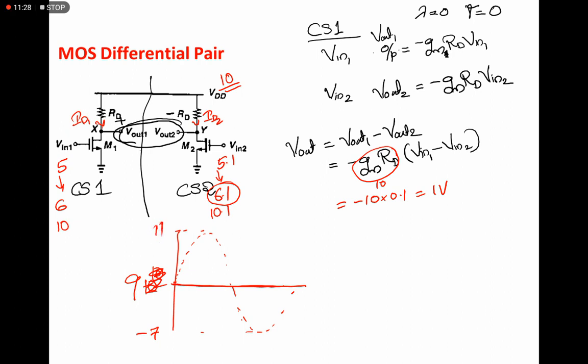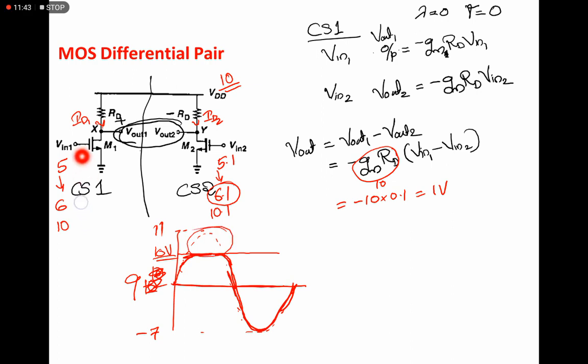Then due to the 10 volt limitation of the VDD, the output looks like this only. Some portion will clip off.